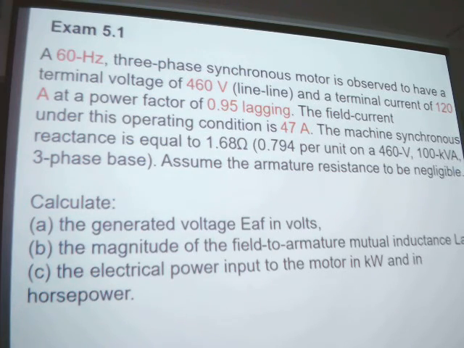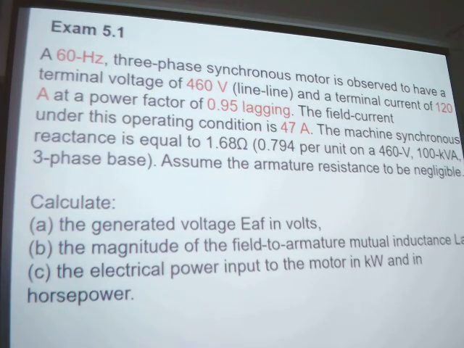It also gives us the power factor, which can be used to calculate the power, and the field current IF. It also gives us the synchronous reactance, 1.68, for the equivalent circuit.